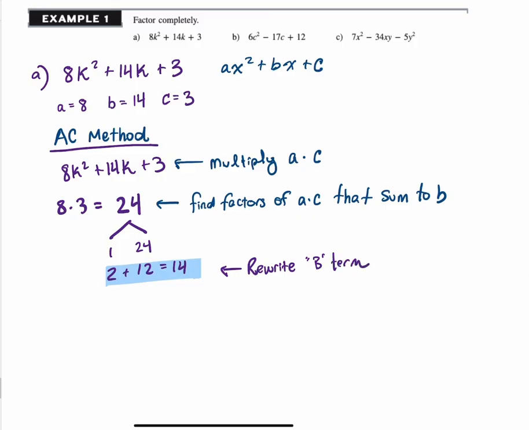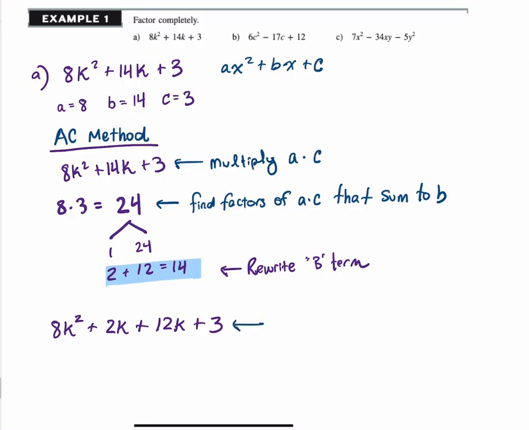Meaning, I'll write 8k squared, and instead of 14k, I'm going to write it as 2k plus 12k. And then we still have the plus 3. So I'm taking these two numbers and rewriting the middle term using them, because 2k plus 12k will give us our 14k. Now we have an expression that has 4 terms.